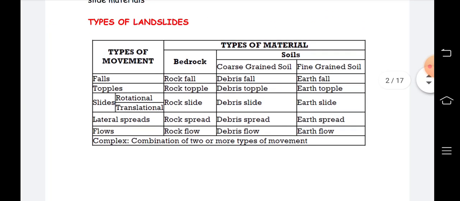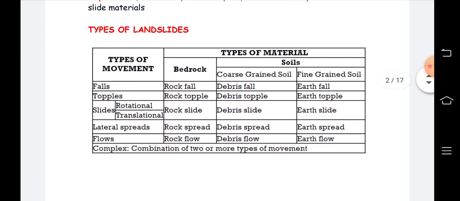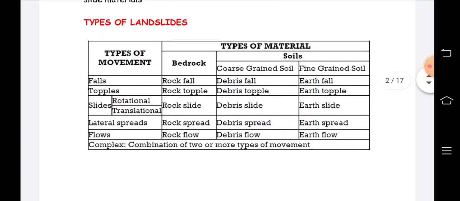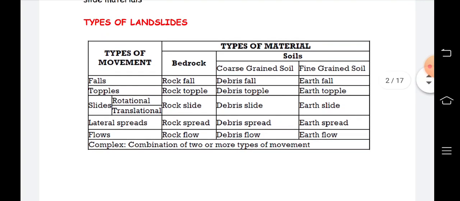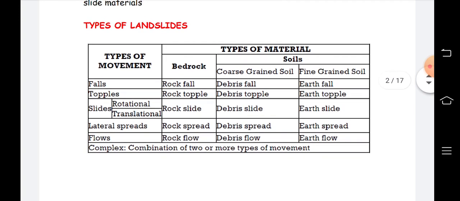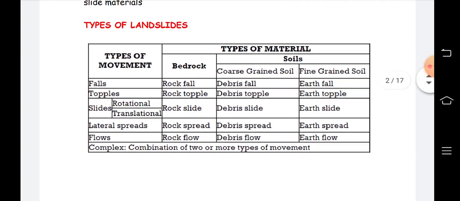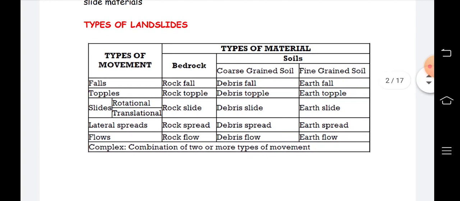Okay, so there are various types of landslide according to their movements. What movement happens while the landslide occurs? First are the falls. The type of material is either bedrock or soil.